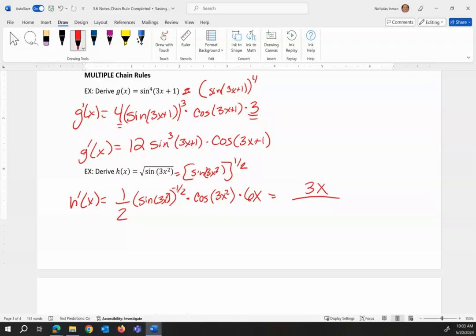And then cosine is also up there, just cosine of 3x squared. And on the bottom, I'm going to have a square root, that negative 1/2 power, sine of 3x squared. All right, so multiple chain rules can be done all at once, and we just kind of have to keep taking derivatives.